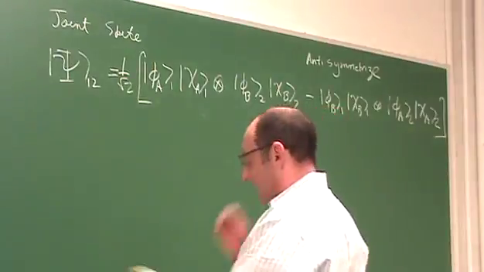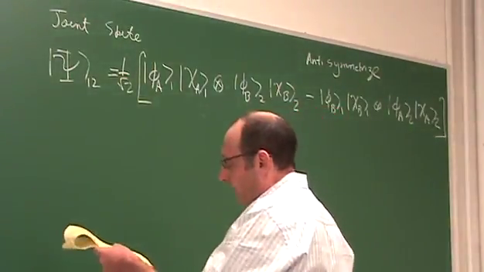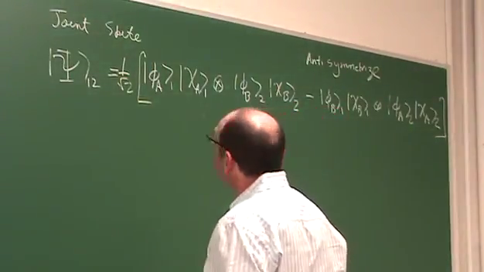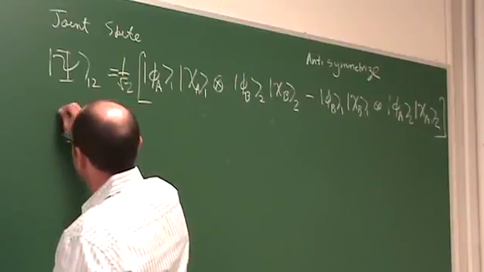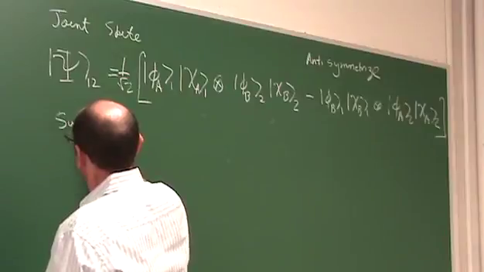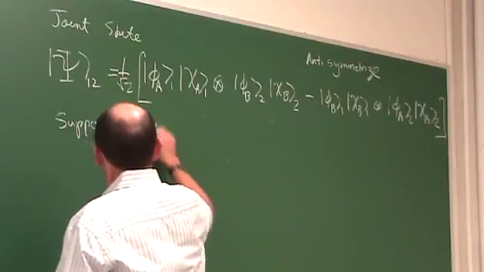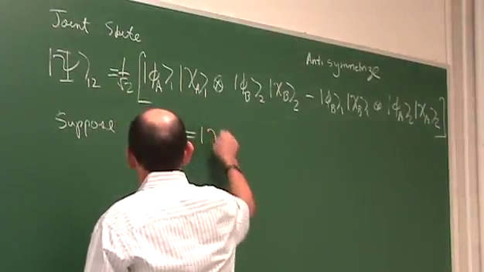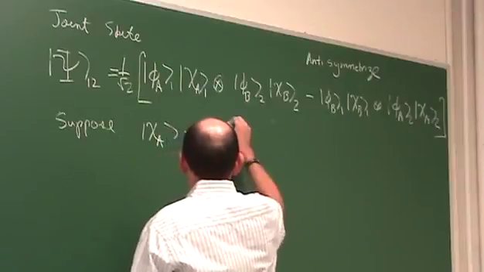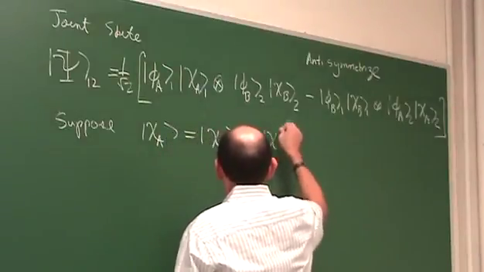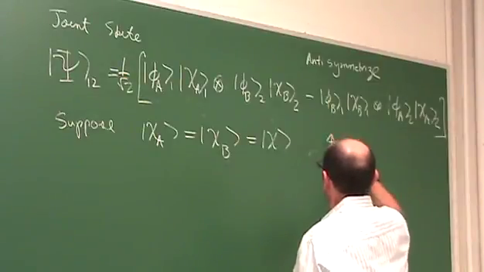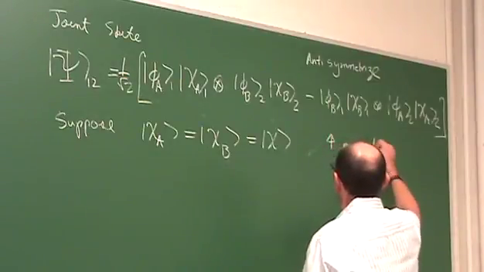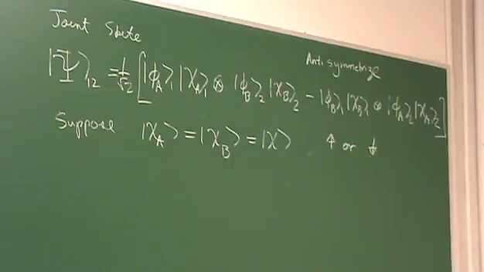So, what can we say about this? Well, let's take the case that the two spin states were equal. I'm not telling you whether they're up or down, but they're both the same.